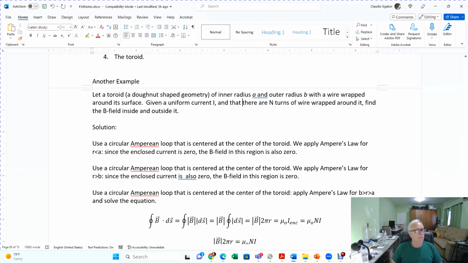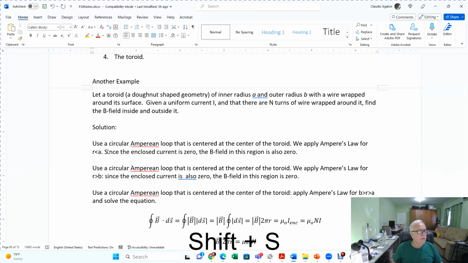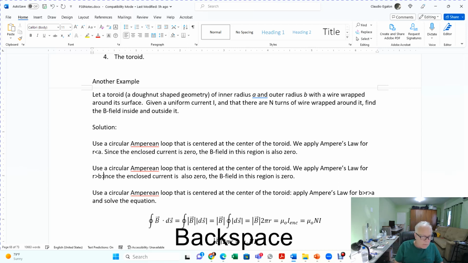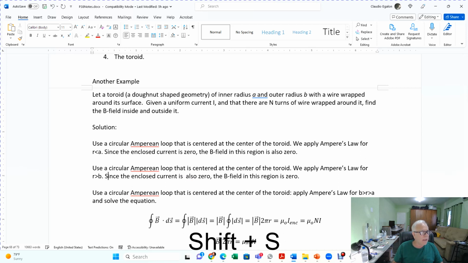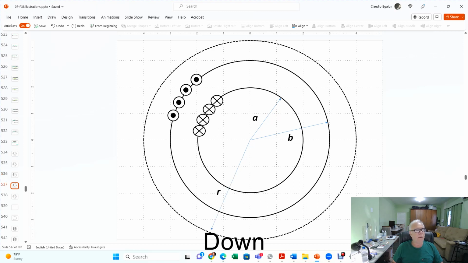Use a circular Amperian loop that's centered at the center of the toroid. We apply Ampere's law for r less than a. Since the enclosed current is 0, the B field in this region is also 0. And the same thing happens for a region outside the toroid. Okay, here we go.